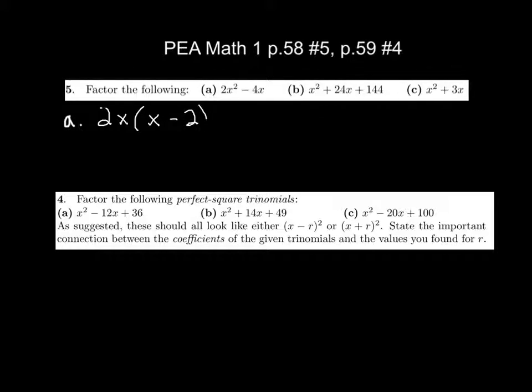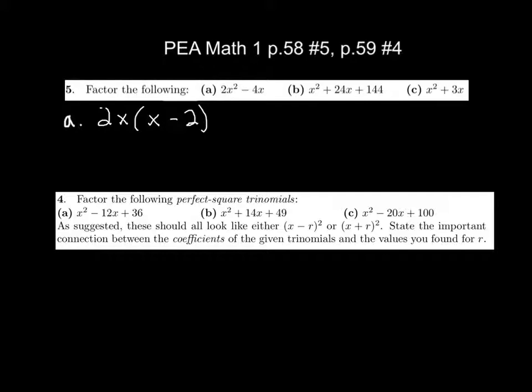Again, I typically double check by going 2x times negative 2 is negative 4x. So now this factored 2x squared minus 4x gave us 2x times x minus 2. You could check it again by going 2x times x is 2x squared. 2x times negative 2 is negative 4x.